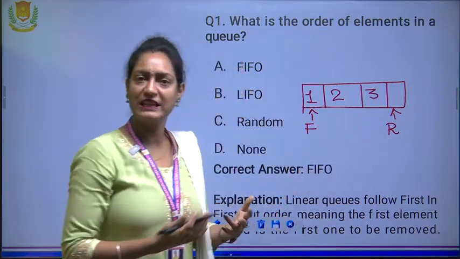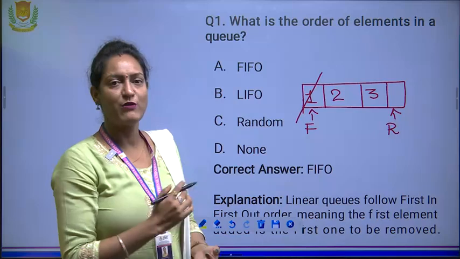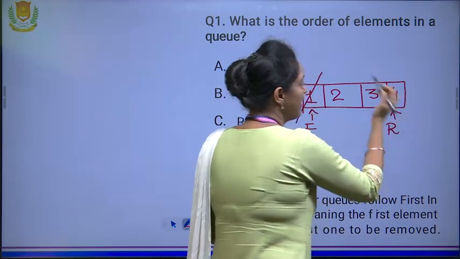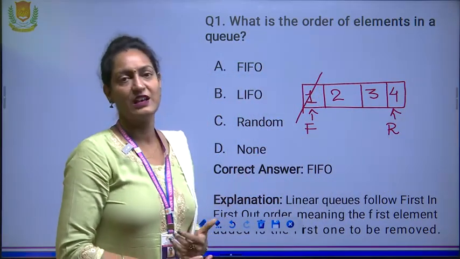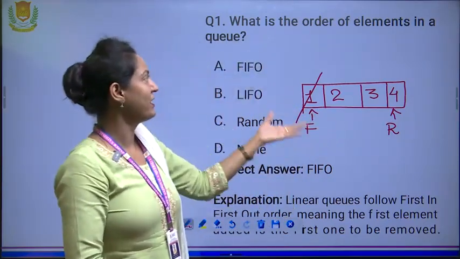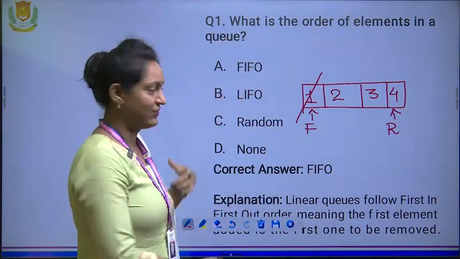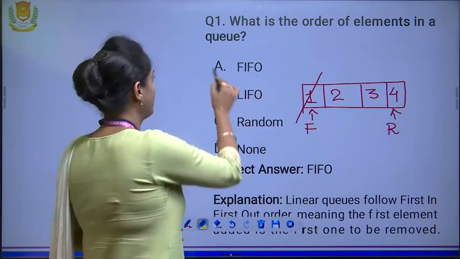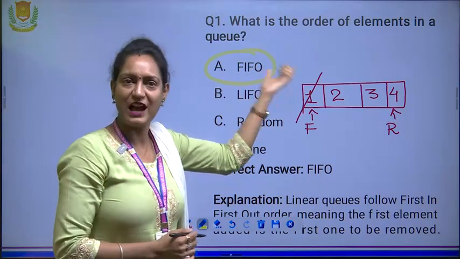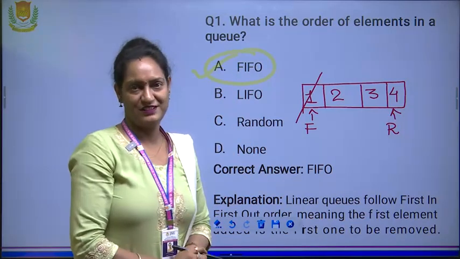If I want to delete an element, I delete from the front side, and if I want to insert one more element, I will use the rear end. That means whoever comes first is processed first. That is why the elements in a queue follow FIFO, first in, first out. So the answer of this question is option A.